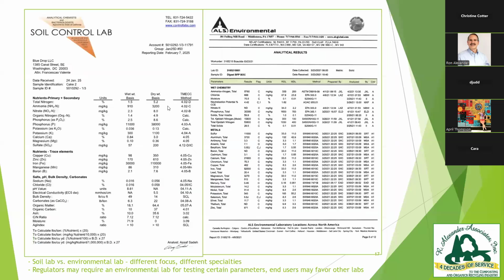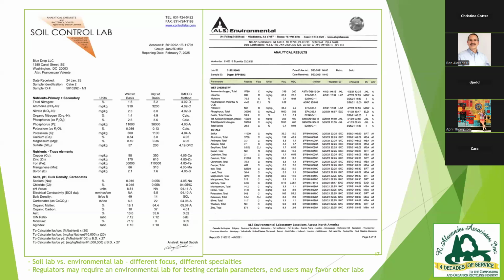All right. Take a look at this. These are sheets from Bloom. Remember that there are different labs that have different focuses. So the people at Blue Drop have an agronomic and horticultural lab here to the left, and then an environmental lab. There's specific environmental testing they have to do to market their product, and that testing is done through an environmental lab.